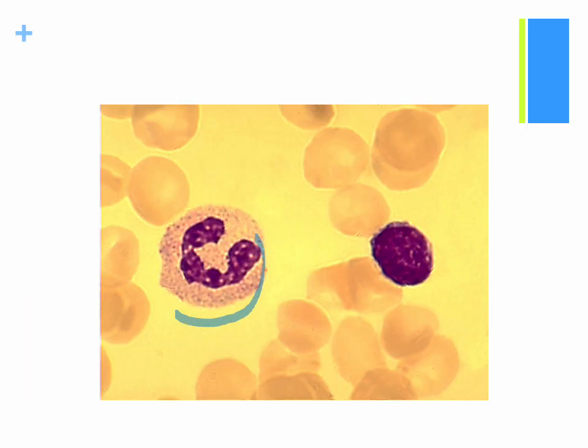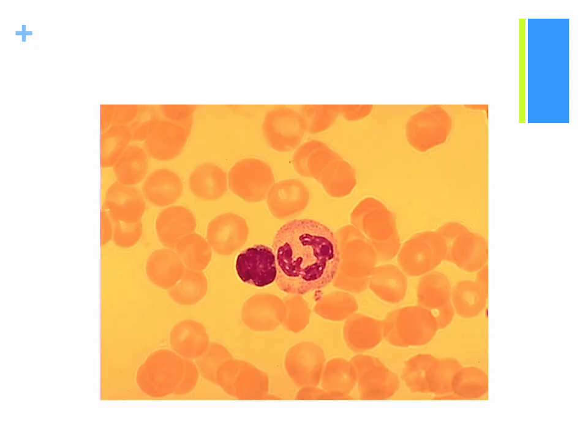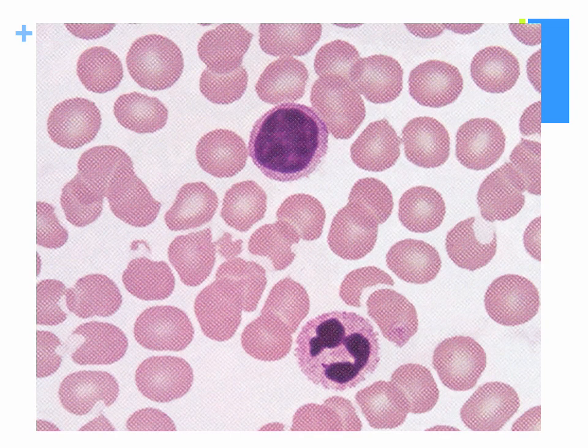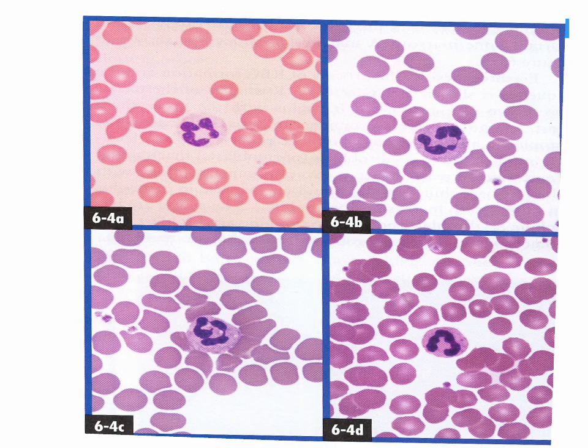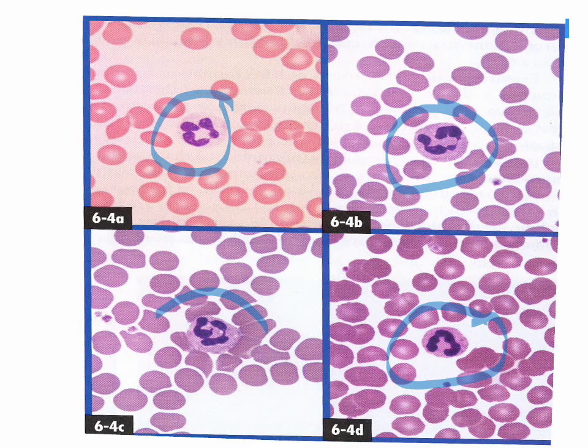All right, we got a neutrophil here. And then we have a basophil here. Neutrophil, basophil, neutrophil, lymphocyte. See how big that nucleus is? And if you guys see, this is a whole iteration of just neutrophils all together.